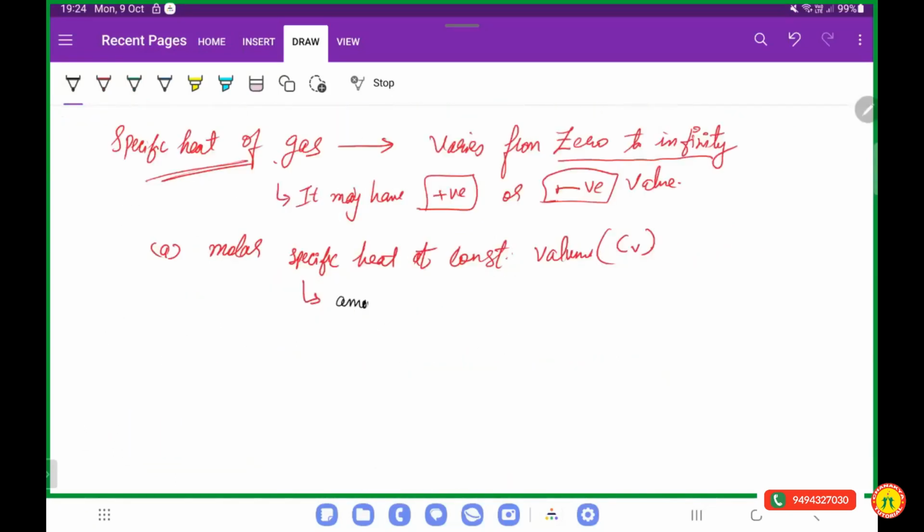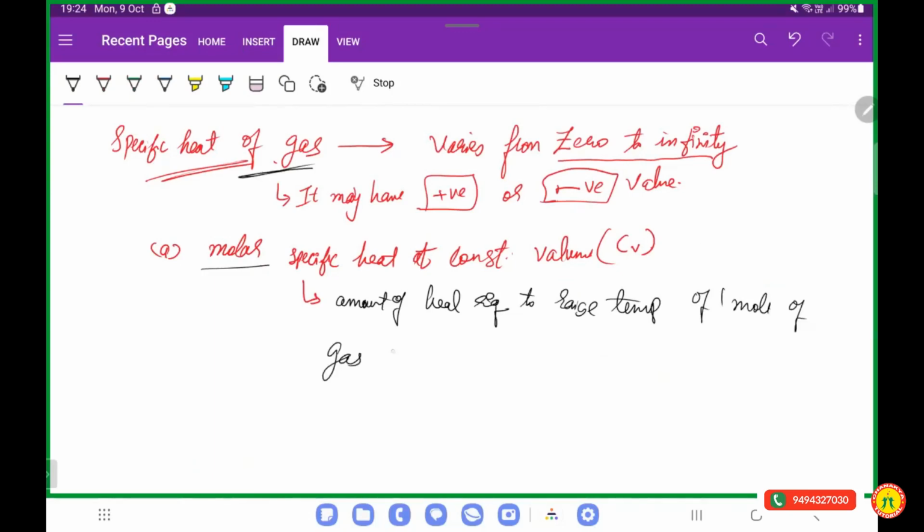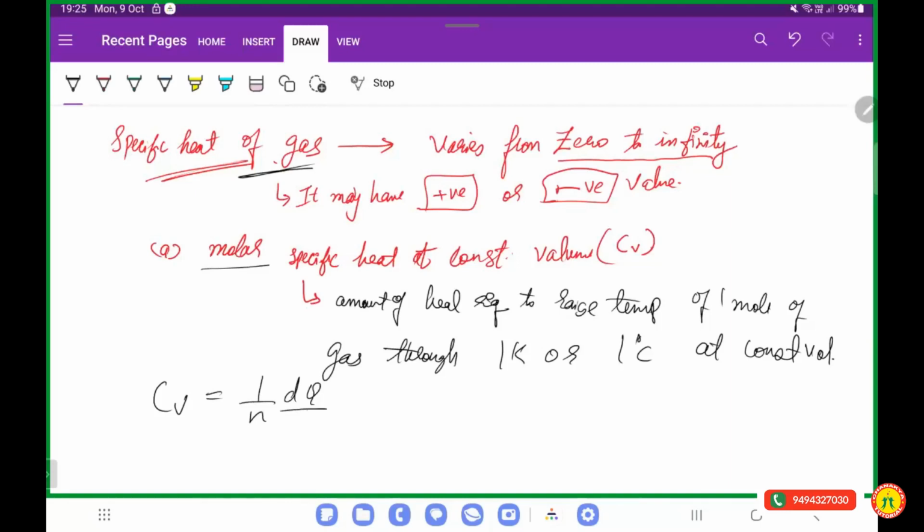Amount of heat required to raise temperature of 1 mole, because we are saying molar, of gas, as we are talking about gas, through 1 K or 1 degree Celsius at constant volume. So Cv equals 1 by n dQ by dT.